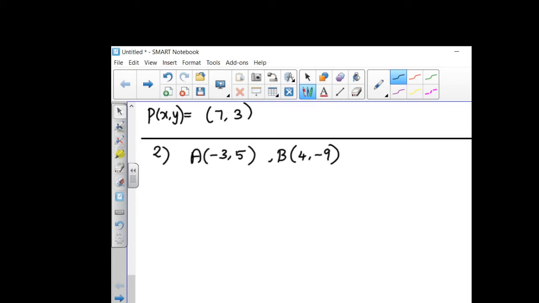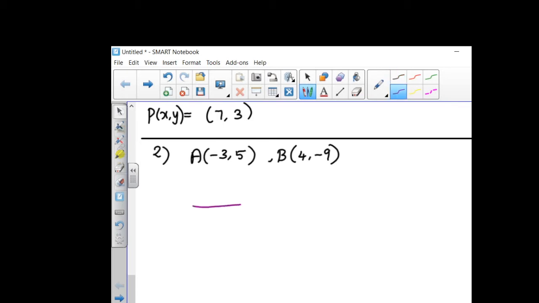In the previous problem the ratio is given and the two endpoints A and B are given, and from that we are finding the P of x, y values. But here the P value is given.